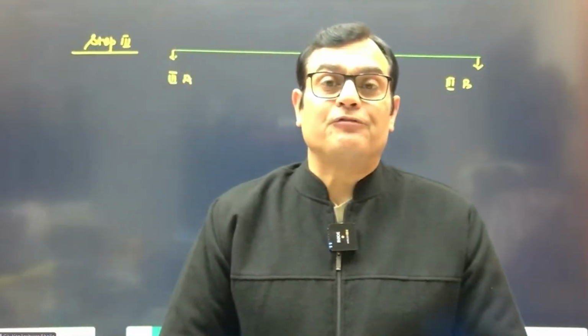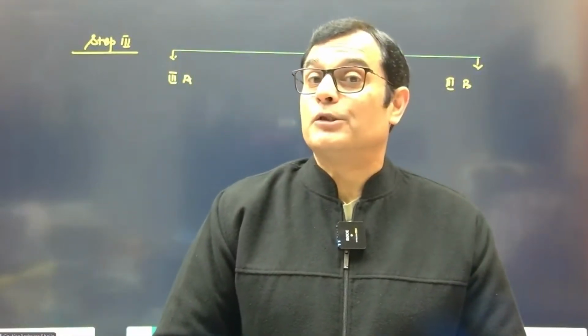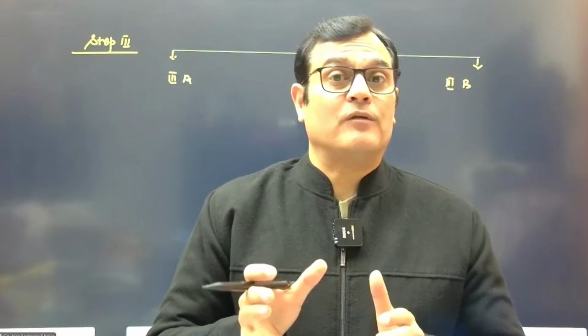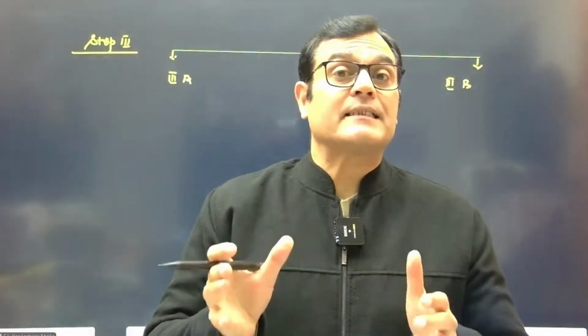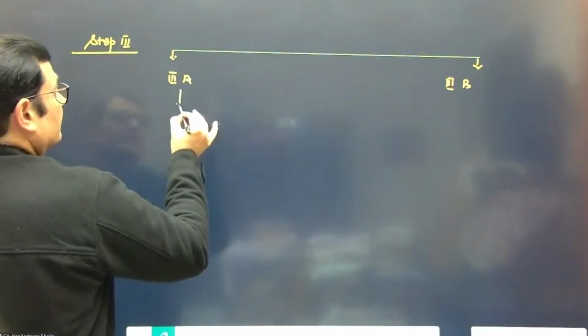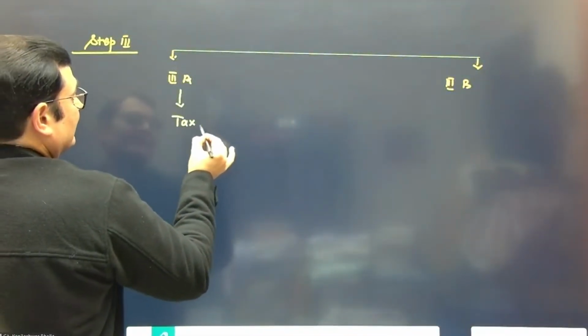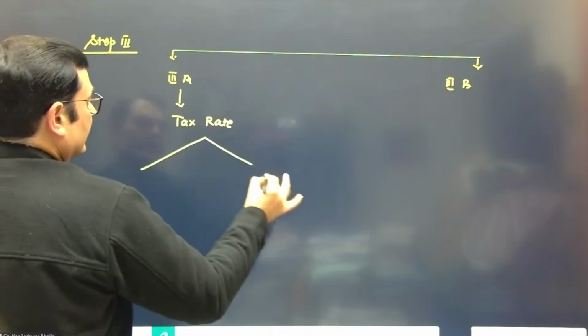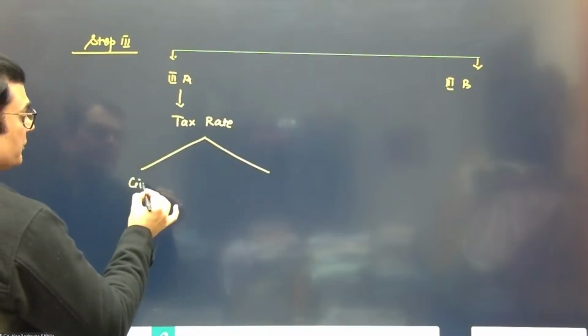Now we said your first focus would be to consider if the tax rate is given in the question, and that would decide whether we are applying Ind AS 12 or not, that is, whether a deferred tax asset or liability is to be considered or not. So everything depends upon whether the tax rate is given in the question.